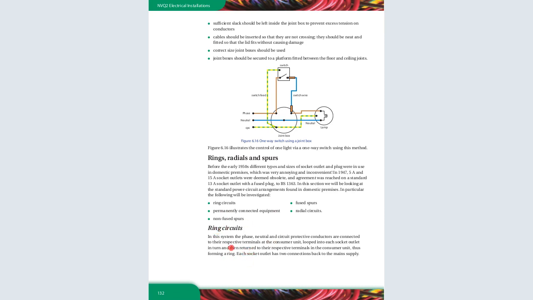In the system, the phase, neutral and circuit protective conductors are connected to their respective terminals at the consumer unit, looped into each socket outlet and then returned to their respective terminals in the consumer unit, thus forming a ring. So each socket outlet has two connections back to the main supply.